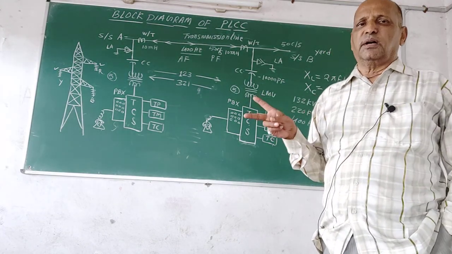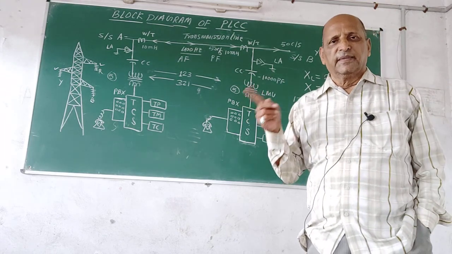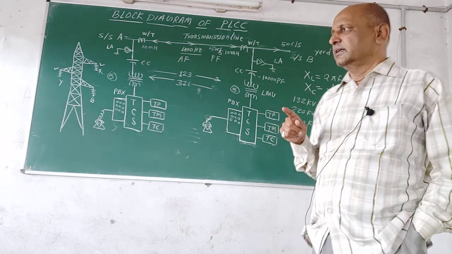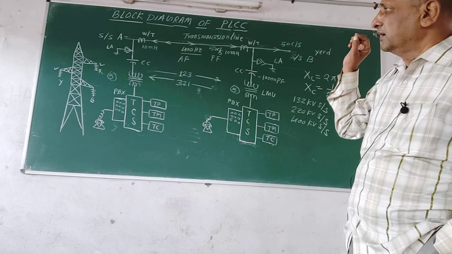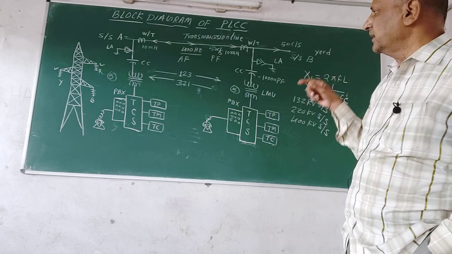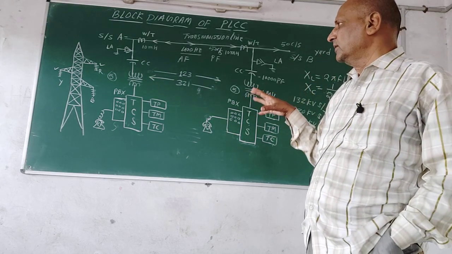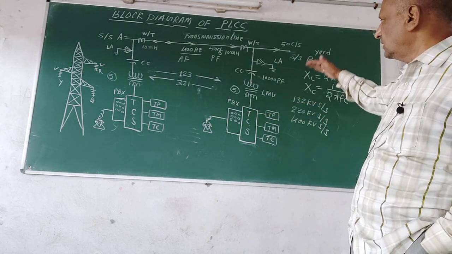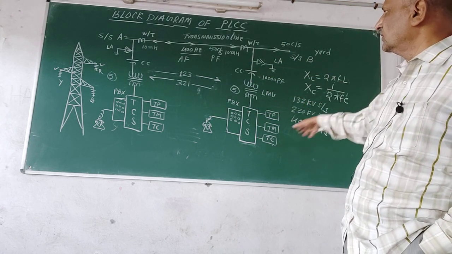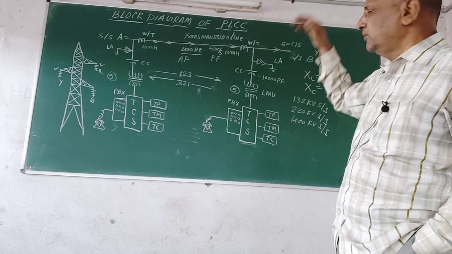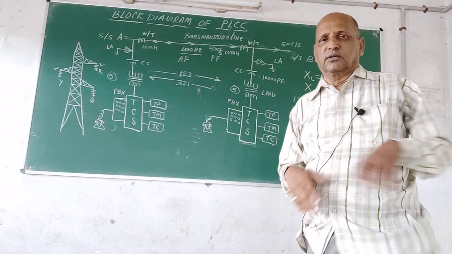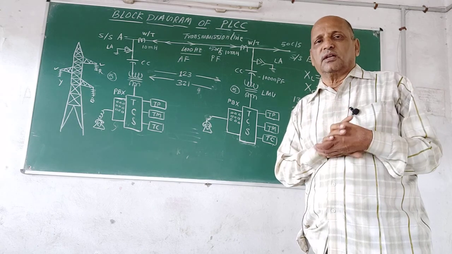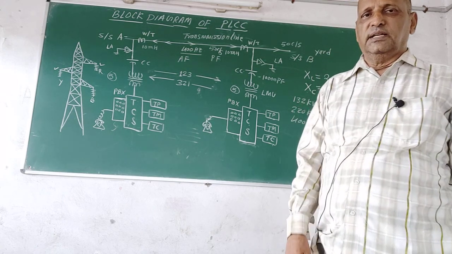These two important components act as low pass and high pass filters, and the other equipment which is provided is for communication purposes. Below the line matching unit, all the components are communication equipment, and above the line matching unit is the power equipment. So this is all about the PLCC.